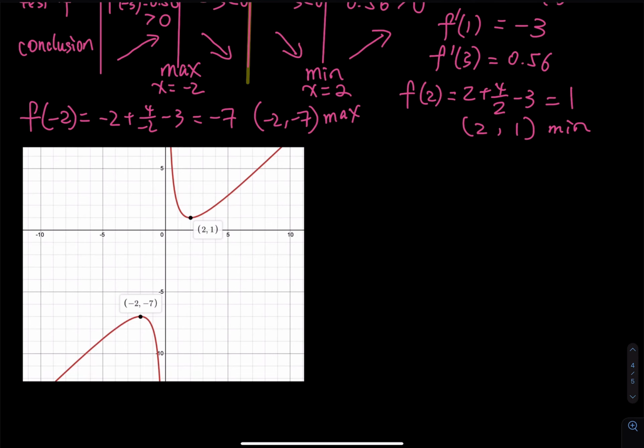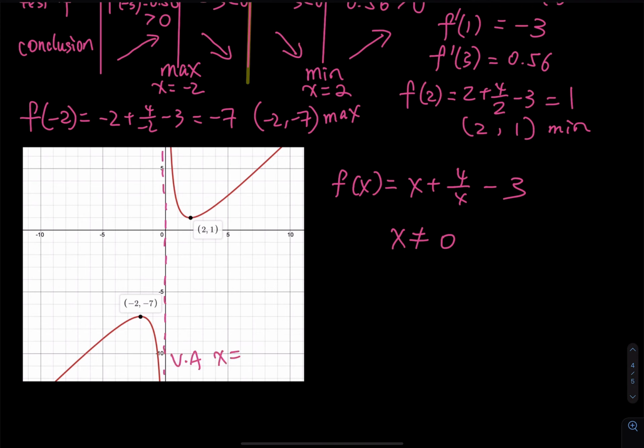We have the graph of the function, which is f of x equals x plus 4 divided by x minus 3. We already mentioned that x cannot be equal to 0 because when x equals 0, there is a vertical asymptote at x equals 0. As x approaches 0 from the left, y goes to negative infinity; as x approaches 0 from the right, y goes to positive infinity.